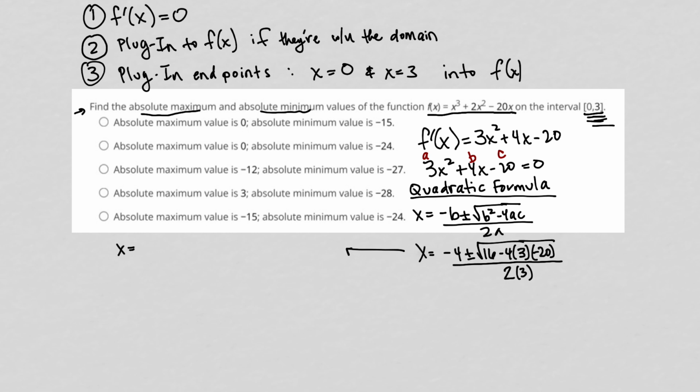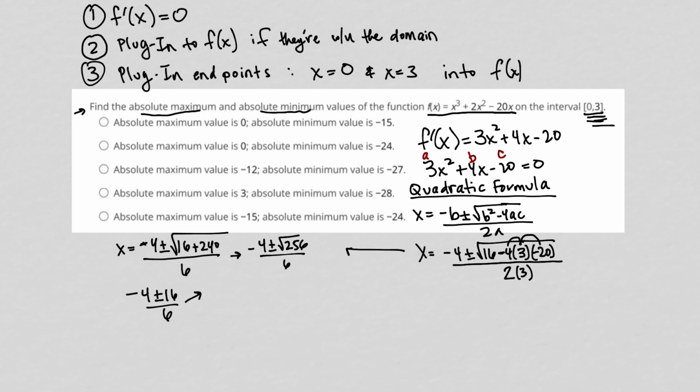I'd have x equals negative 4 plus or minus the square root of 16 plus 240, all over 6. 4 times 3 is 12, times negative 20 is negative 240, but then I had a negative sign there, which makes it a positive 240. That becomes negative 4 plus or minus the square root of 256 all over 6. The square root of 256 is 16, so this becomes negative 4 plus or minus 16 all over 6.